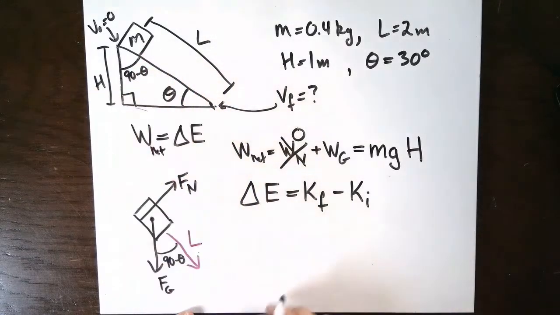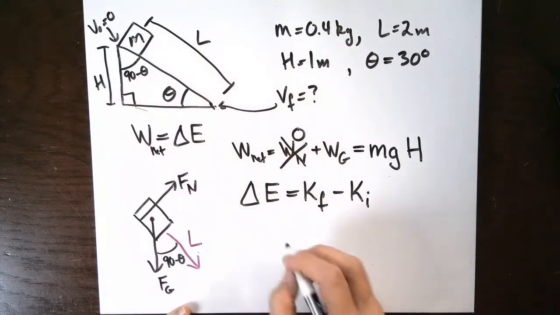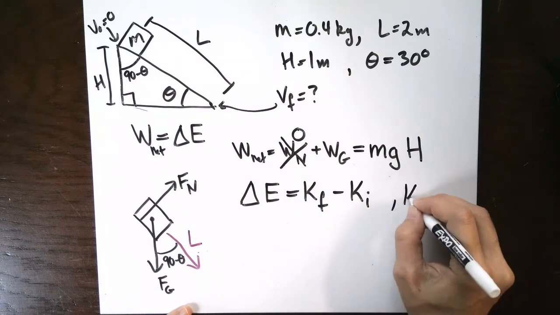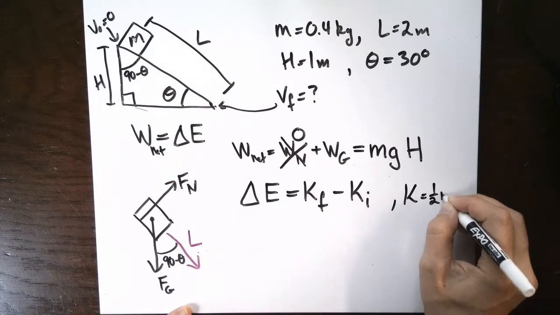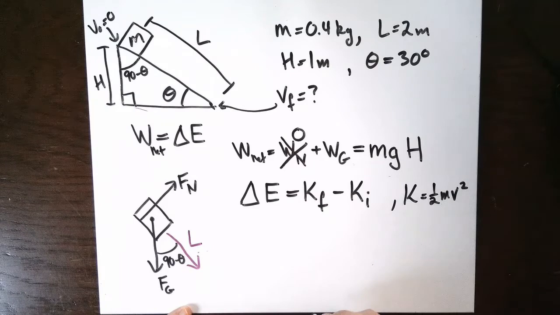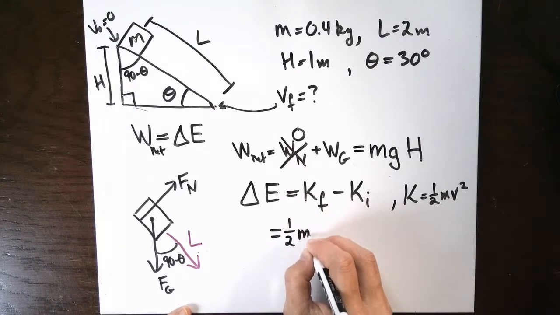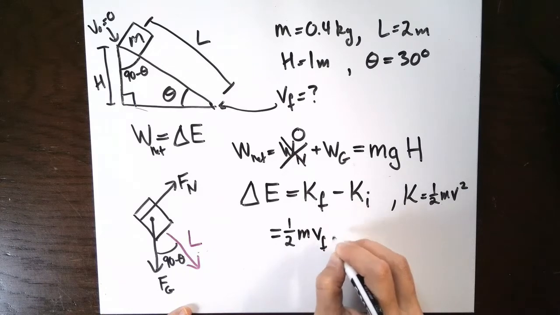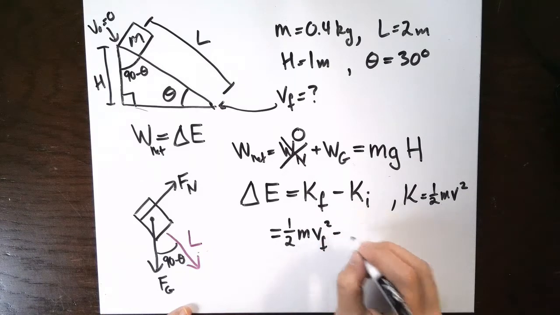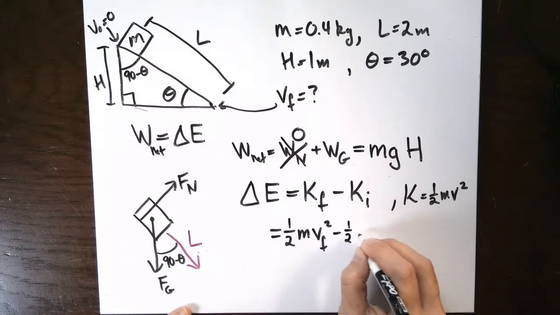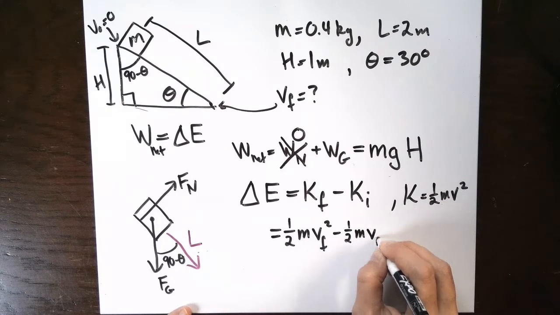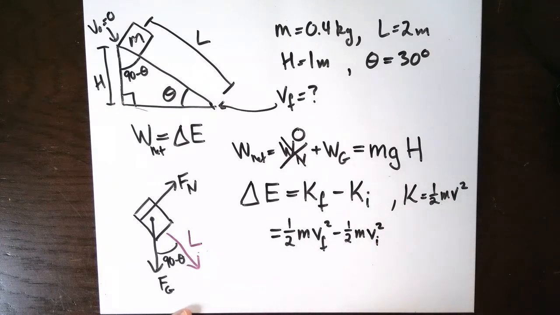We'll talk more about that later, but for now you can just take my word for it. Kinetic energy itself is equal to 1/2 the mass times the speed squared. So the final kinetic energy would be 1/2 mass times the final speed squared. And the initial kinetic energy would be 1/2 mass times the initial speed squared.